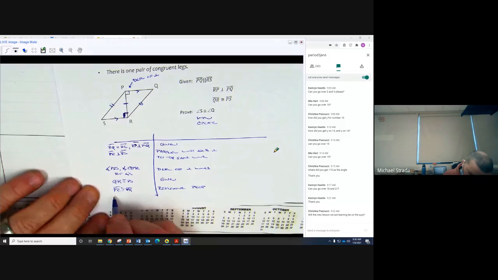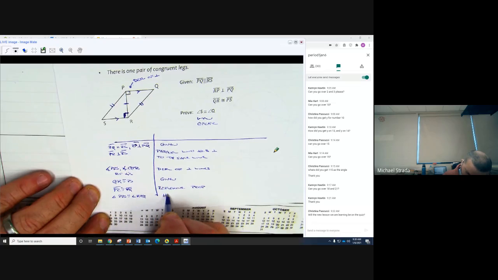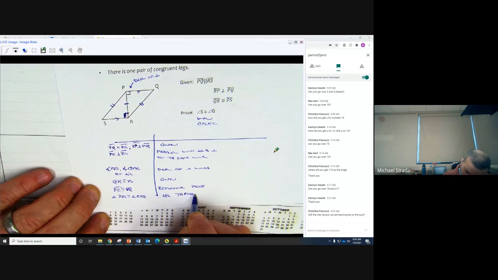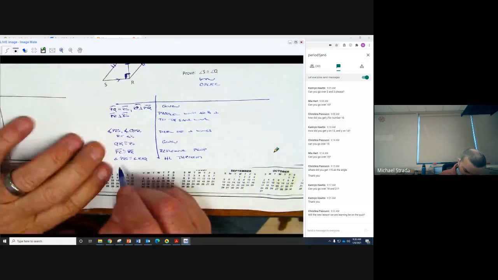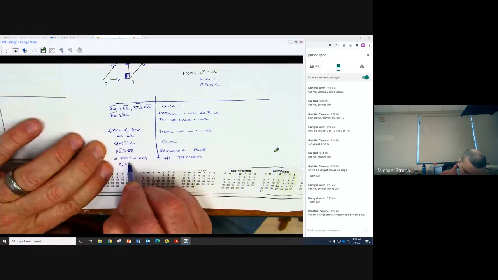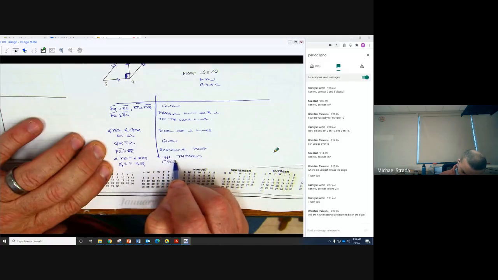All right. Triangle PRS congruent to triangle RPQ. HL theorem. Not a postulate, it's a theorem. And then finally, that brings us to angle S congruent to angle Q. CPCTC.